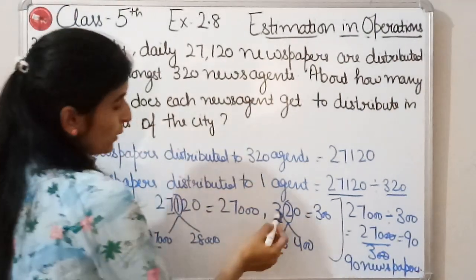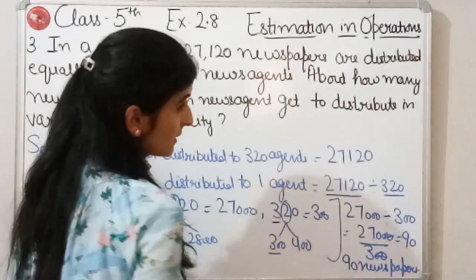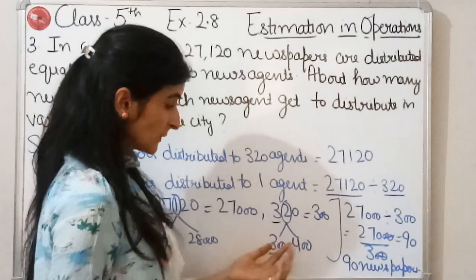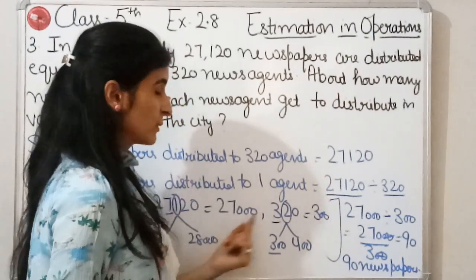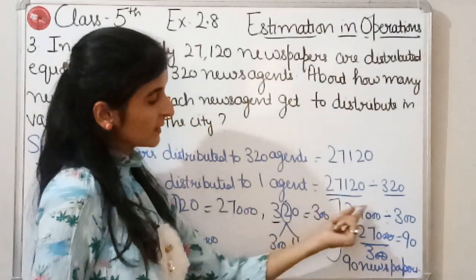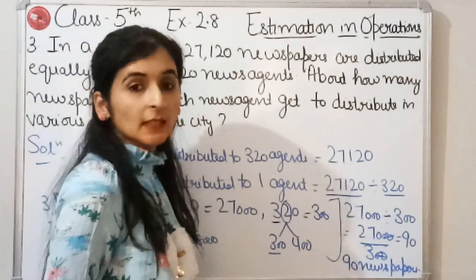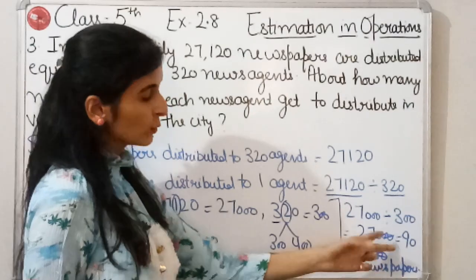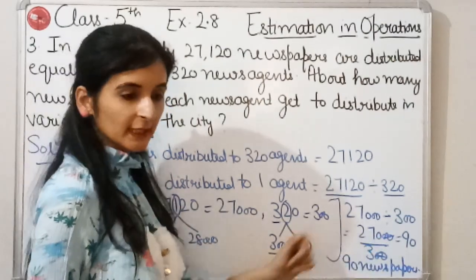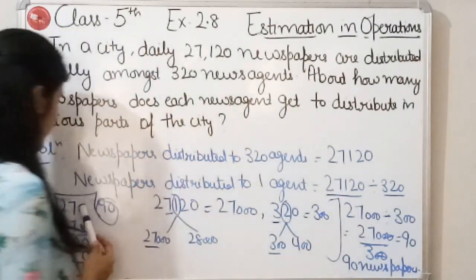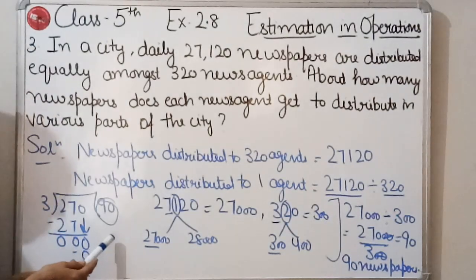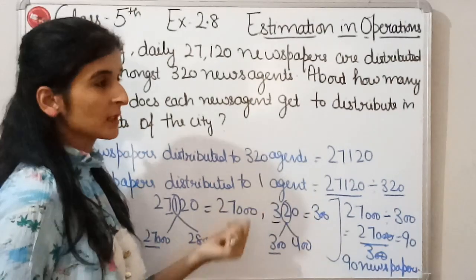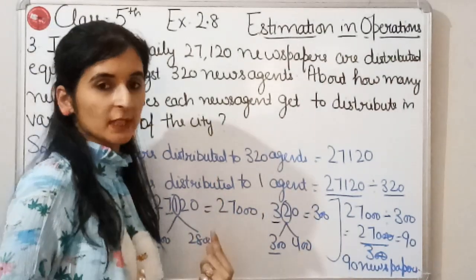Then we have rounded off 320 to the nearest 100, which is equal to 300. Now 27,000 divided by 300 is equal to 90. We have cut these two zeros with these two, so we will be left with 270 and 3. So 270 divided by 3 is 90. So our answer is 90 newspapers were distributed to one news agent.